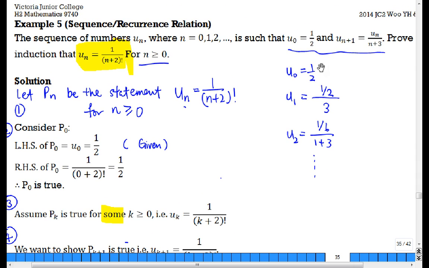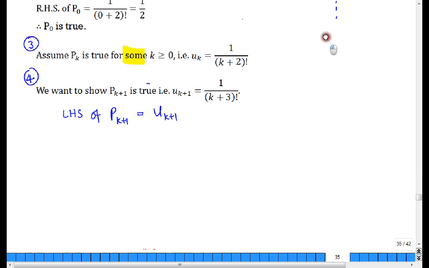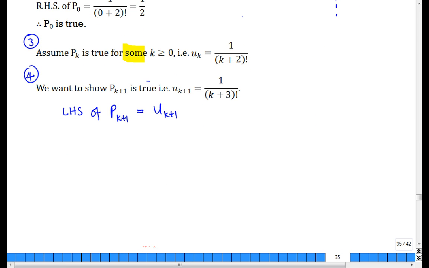So we can make use of this. For all n, this is definitely true. Nothing to prove, just use. So this is just Uk over k plus 3, just using the recurrence relation.